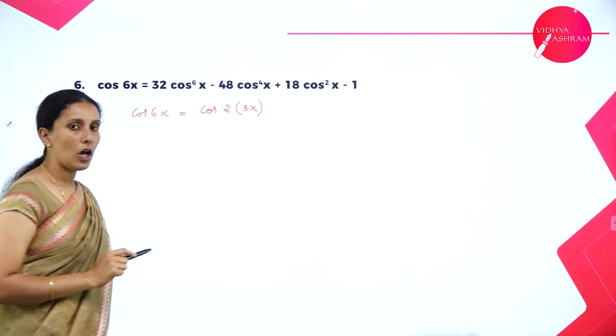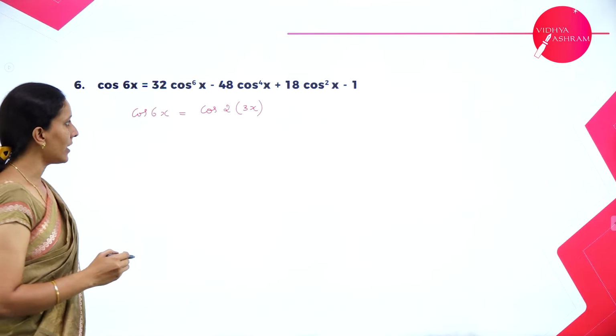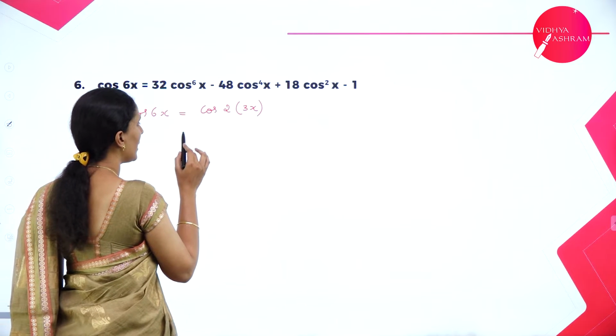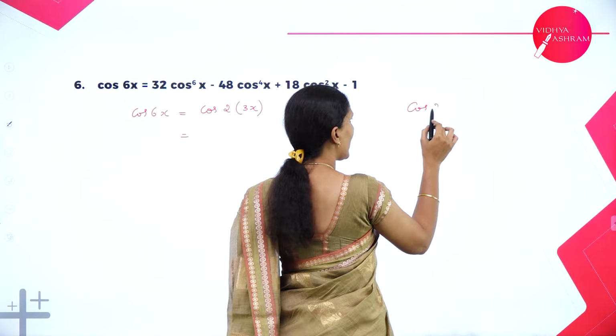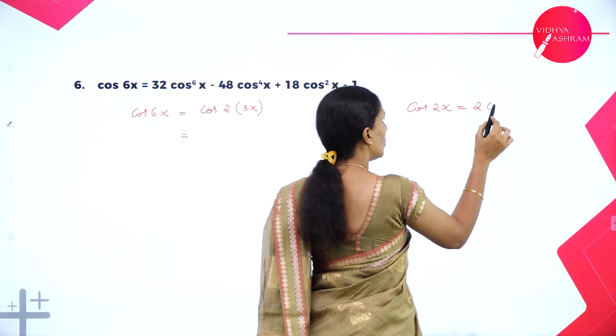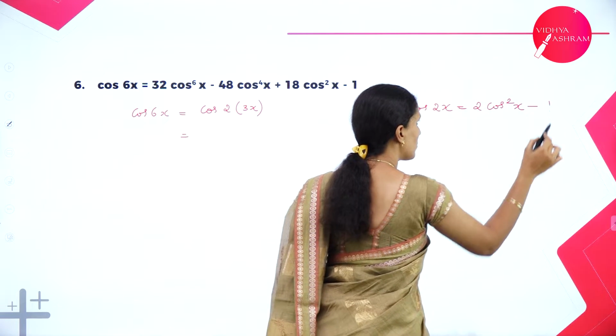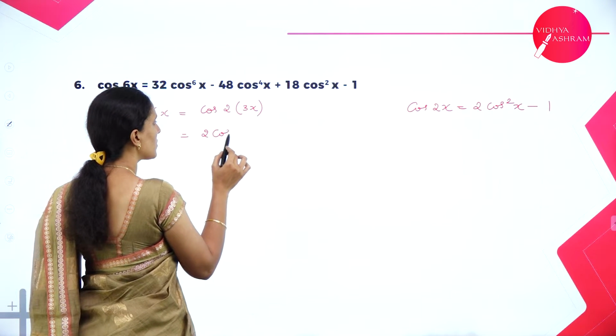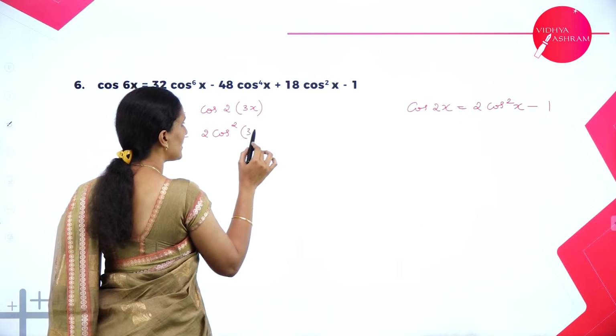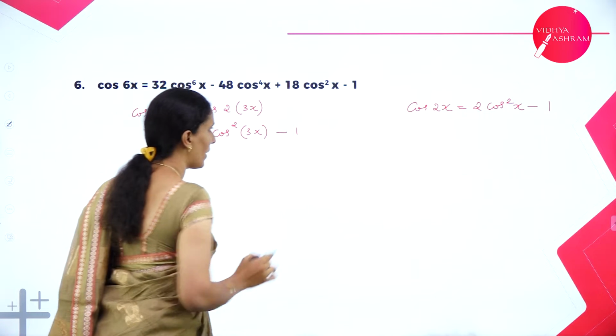I'll use the formula cos 2 into 3x. So cos 2 into 3x can be written as cos only, like cos 2x as 2 cos square x minus 1. So that's why I will write this as 2 cos square 3x minus 1.